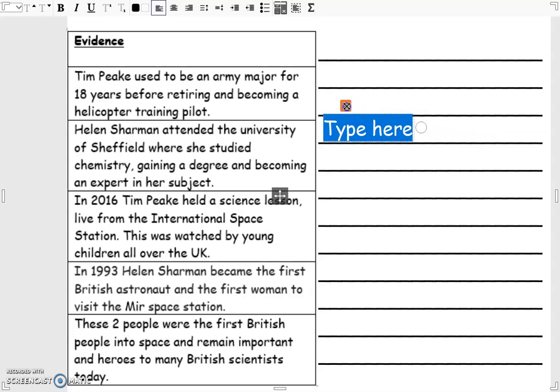If I was writing this about Helen Sharman, I might write that this means influential.